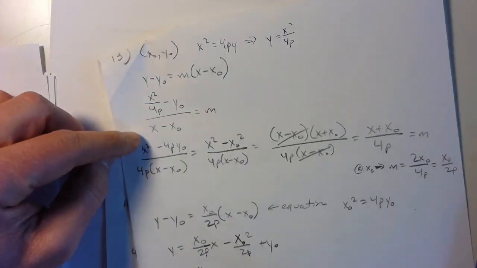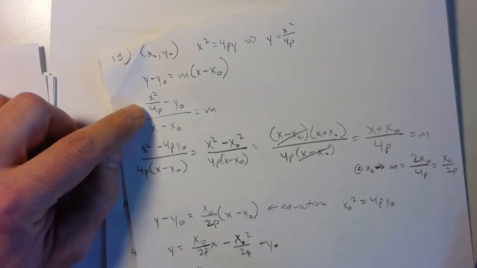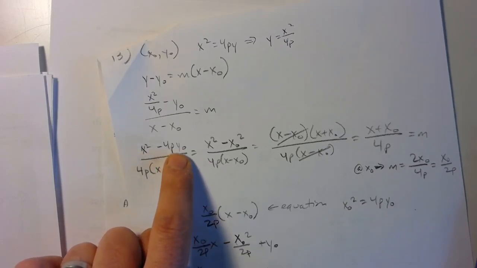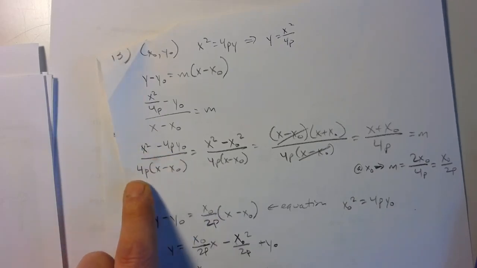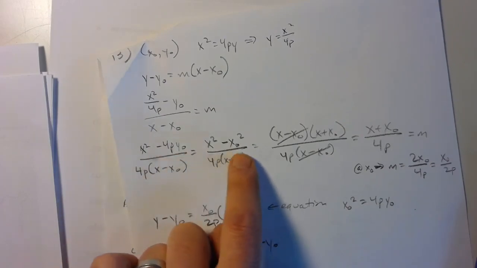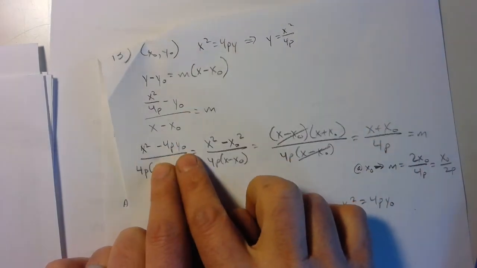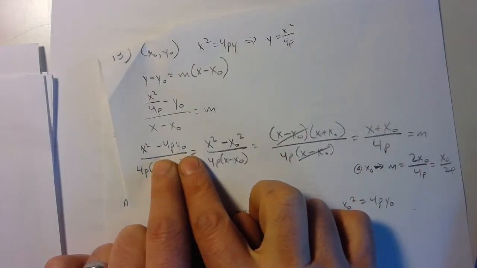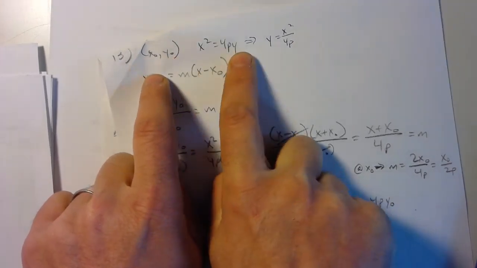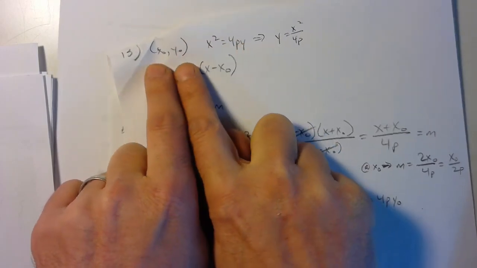At this point, I multiply the top and the bottom by 4p just to get rid of my compound fraction. In doing that, distributing through, I get x squared minus 4py sub 0, and then the bottom is 4p times this quantity right here. Looking at this, 4py sub 0 is the equivalent of x sub 0 squared, because remember this is a point on the parabola.